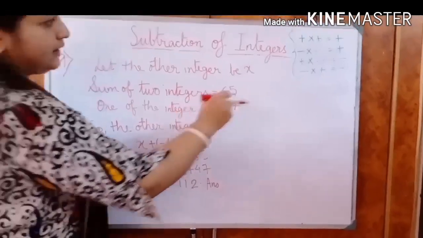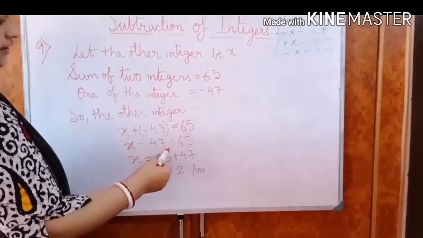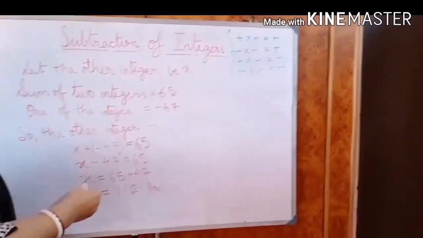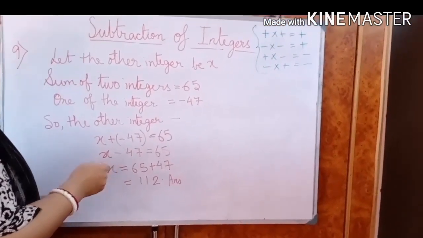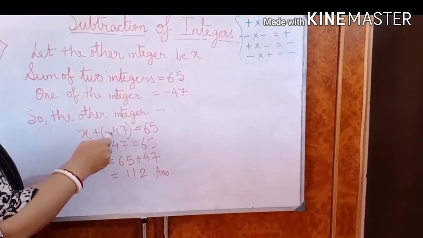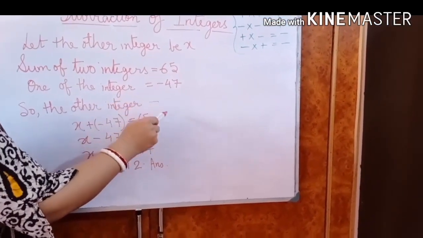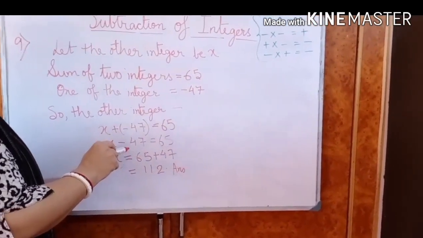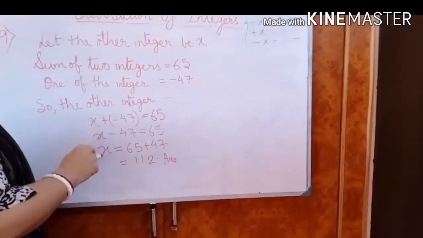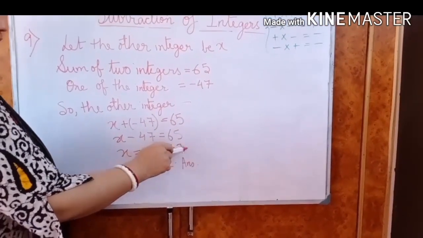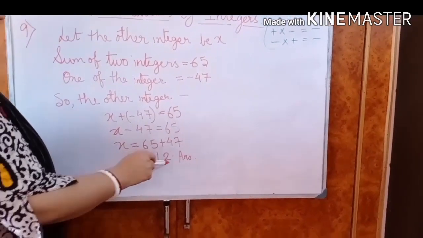Now plus into minus is minus. So x minus 47 will be 65. So what is the value of x, the other integer? When this 47 changes side, it will become plus 47. So the other integer is 65 plus 47, that is 112.